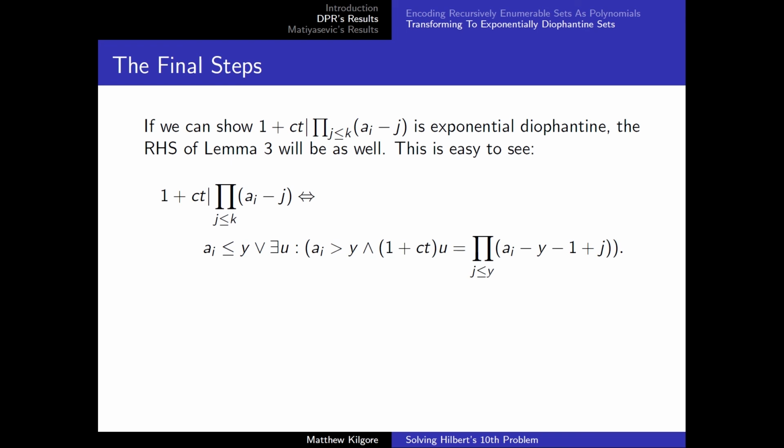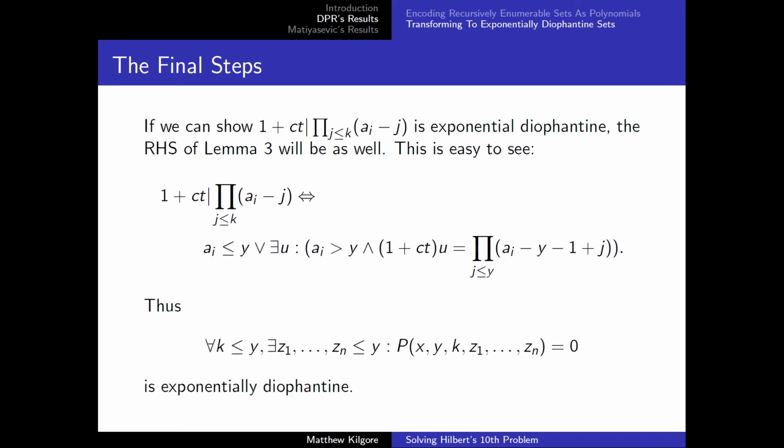We see that the relation holds if and only if ai is less than y, or there exists a u such that ai is greater than y and 1 plus ct equals ai times u equals the product of j less than y of ai minus y minus 1 plus j. Bit cumbersome, but it works.